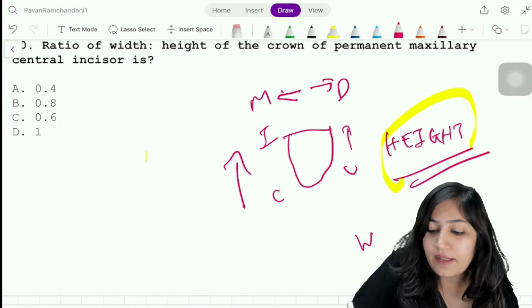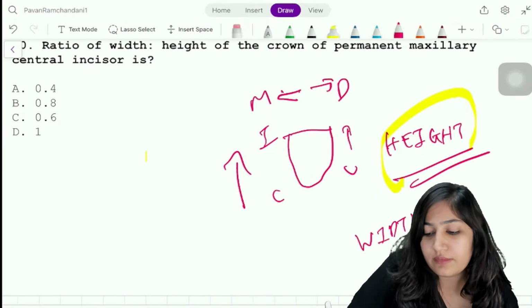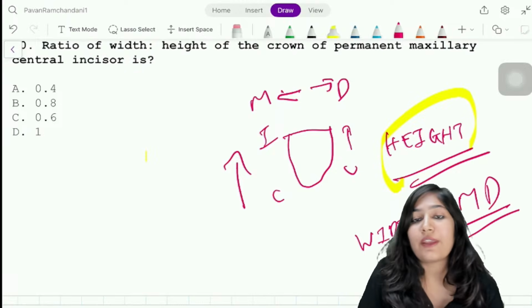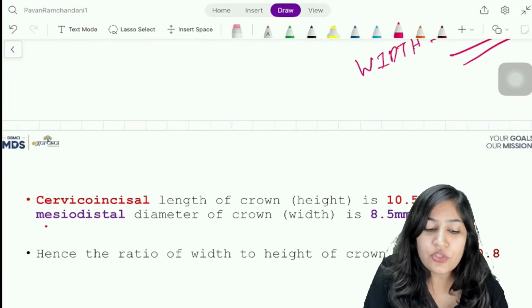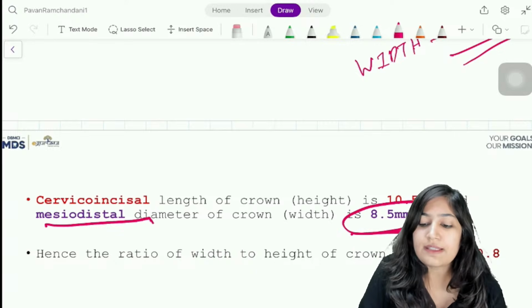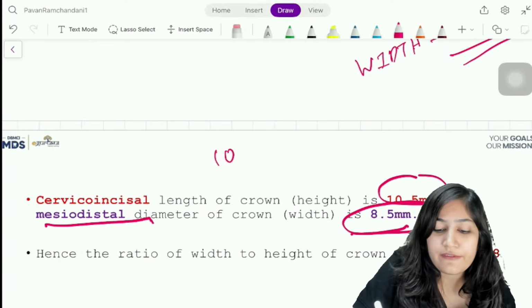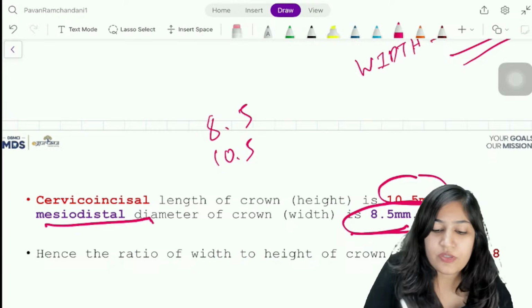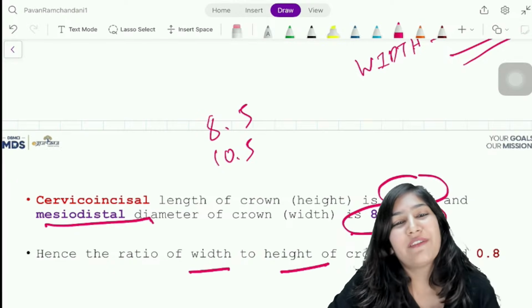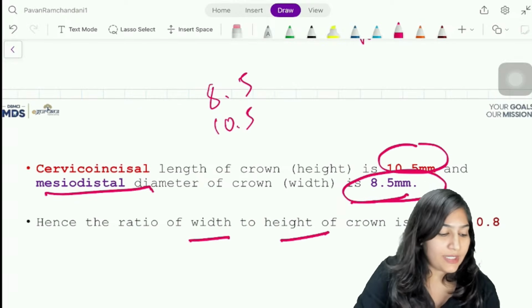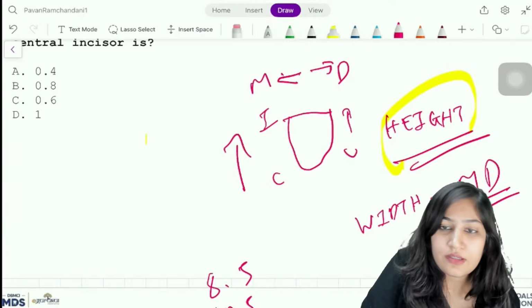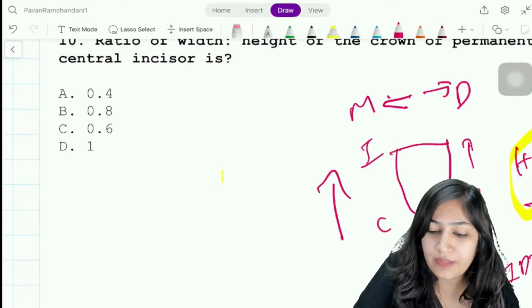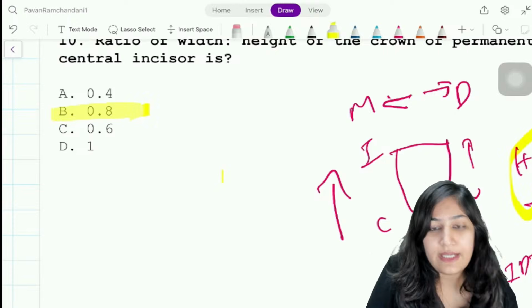So width is the mesiodistal dimension and height is the cervico-incisal dimension. Mesiodistal is 8.5, cervico-incisal is 10.5. So the ratio of width to height is 8.5 divided by 10.5, that is 0.8. So the correct answer here will be 0.8.